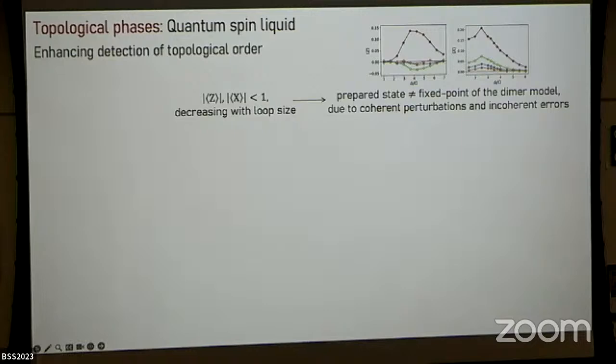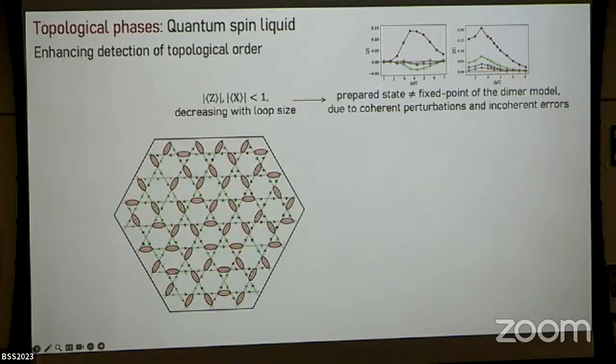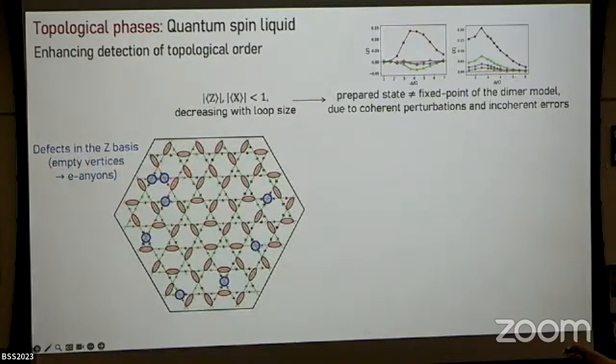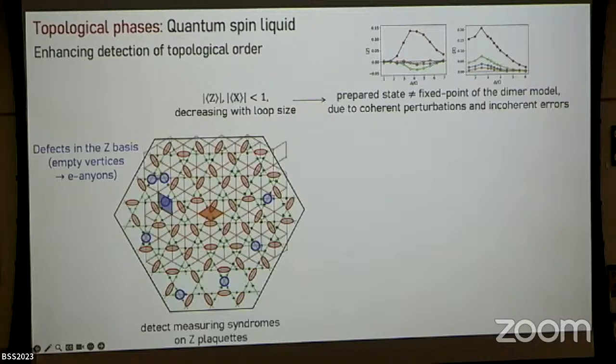Okay, so in particular, let's take the snapshot that I showed you before. You can see that we have defects in the Z basis that correspond to empty vertices. So an empty vertex means that there is a dimer missing. So this corresponds to E anyons. So we can identify these. These are easy to identify because you just take a snapshot and you look at where you have empty vertices.